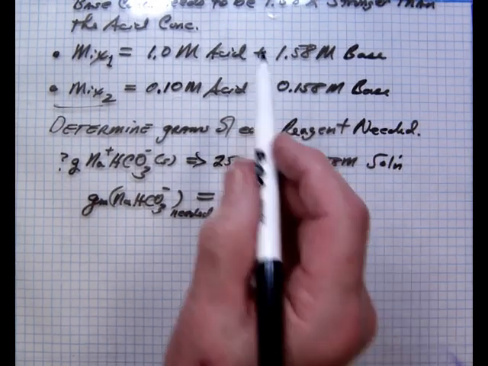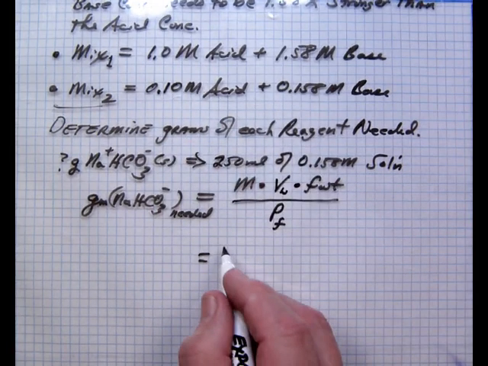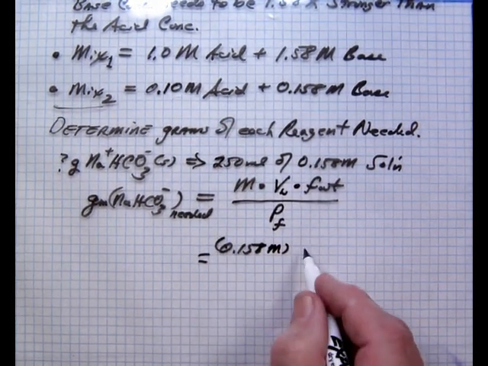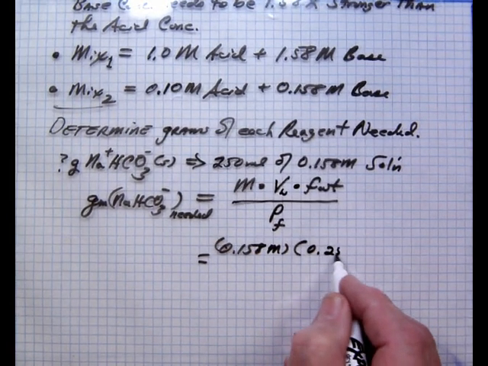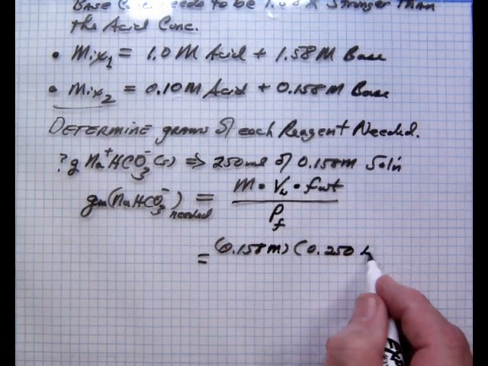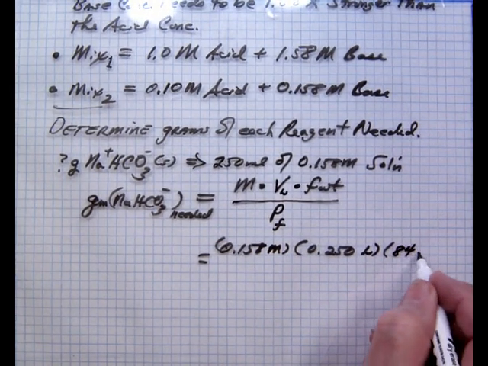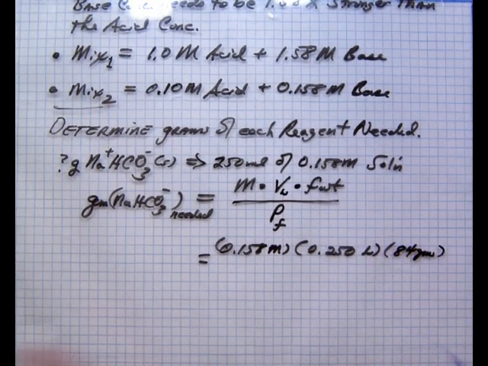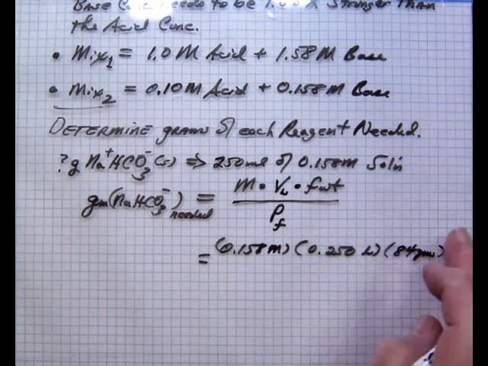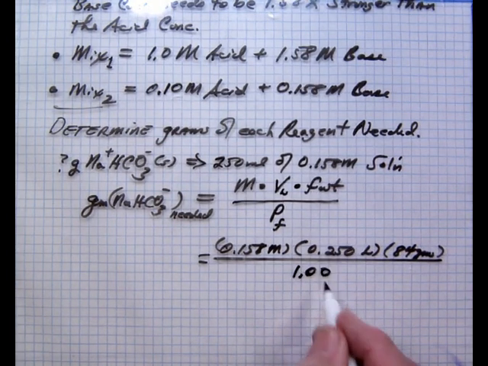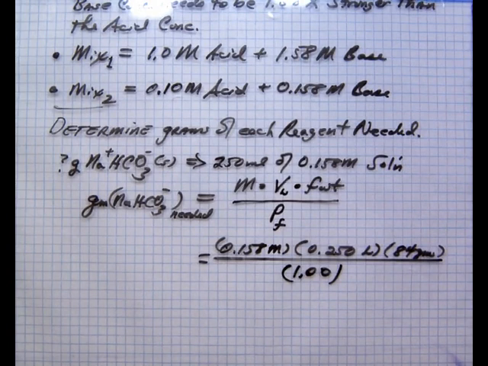So we're looking for a 0.158 molar solution. We want 0.250 liters, and the formula weight in grams per mole. Purity factor, I'm going to give it a 1.00, 100% pure.